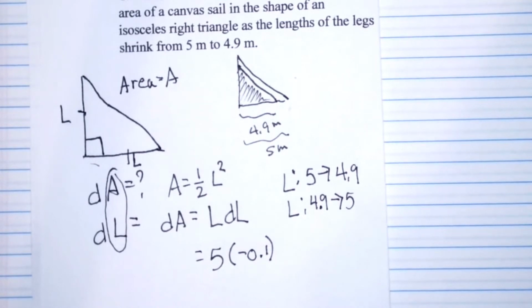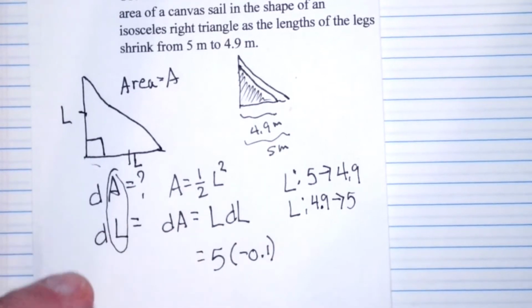If we had chosen 4.9, we could have gotten a reasonable answer, because we didn't have to do anything with the L. But if we had to, say, square the L, it's easier to square a 5 than it is to square a 4.9.